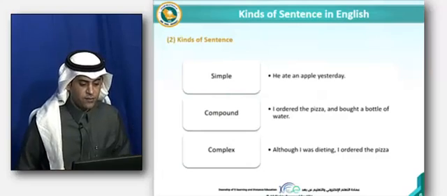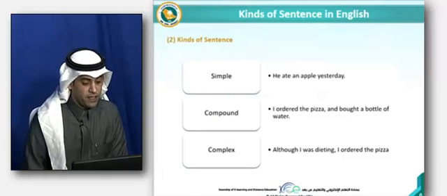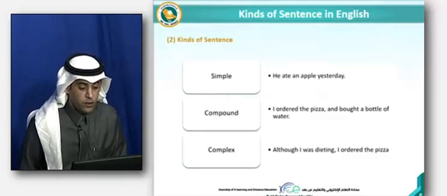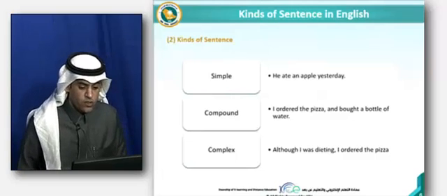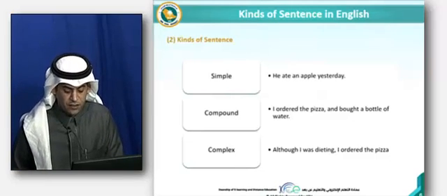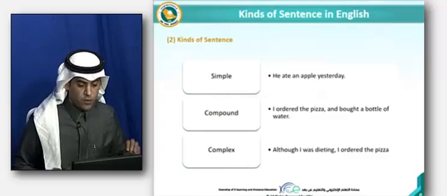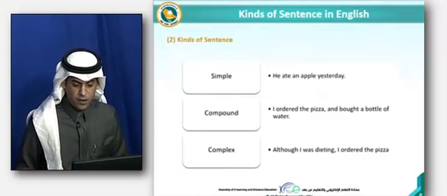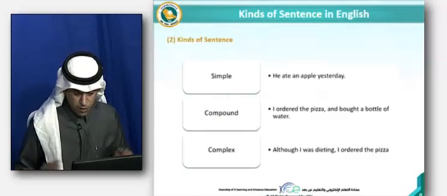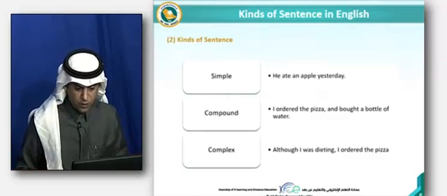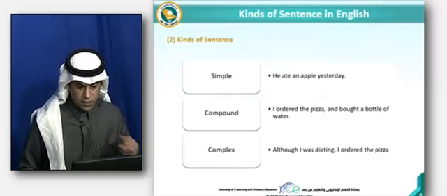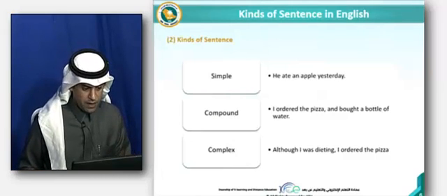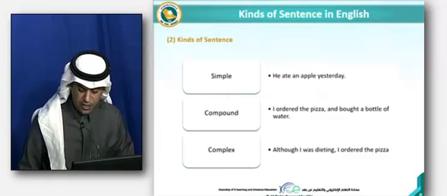Then finally we have what is called complex, where we find one dependent clause and one independent clause, like: Although I was dieting, this is the dependent clause, and the next part of the sentence, I ordered the pizza, is independent. We'll explain those two, the compound and complex, later in the chapters.